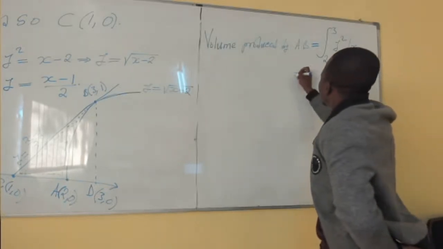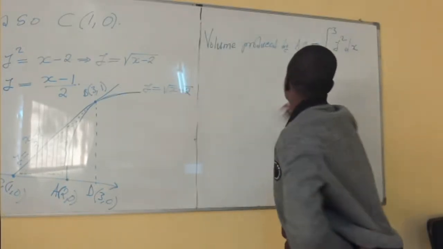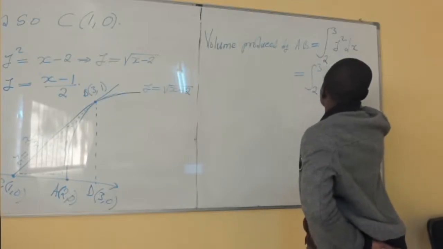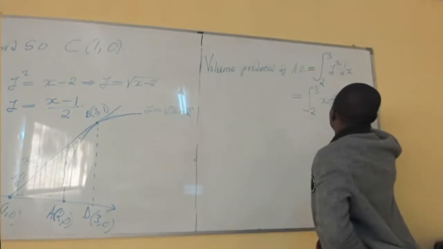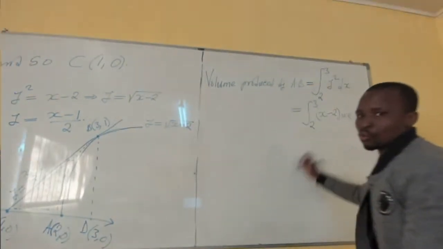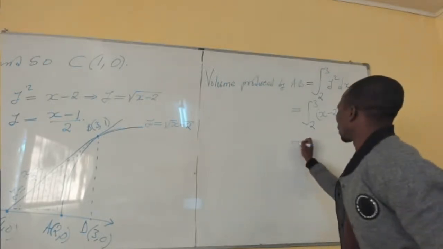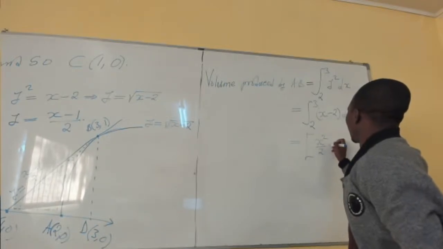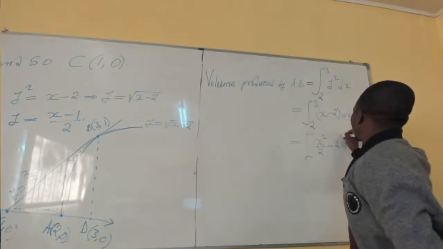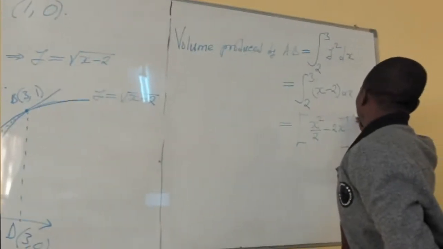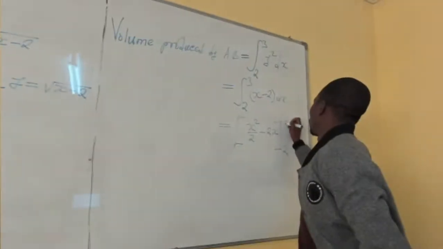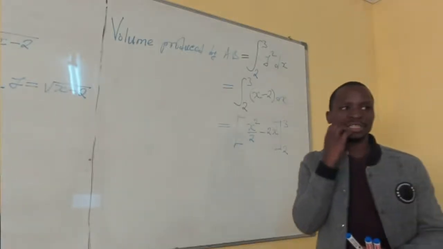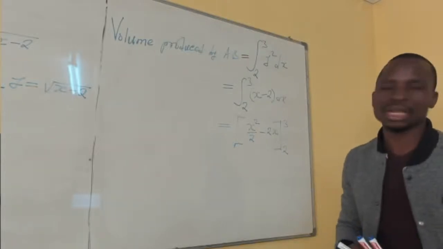This is the formula. But y squared is equal to x minus 2, so this gives us the integral from 2 to 3 of x minus 2 dx. When we integrate this, we get x squared over 2 minus 2x, running from 2 to 3. Everyone knows how to handle the other parts of computing this.